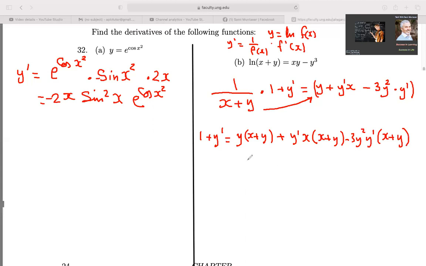Now what I'm going to do is bring everything that has a y prime to one side and everything that doesn't have a y prime to the other side.